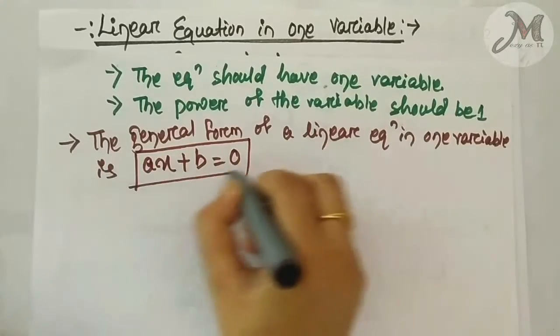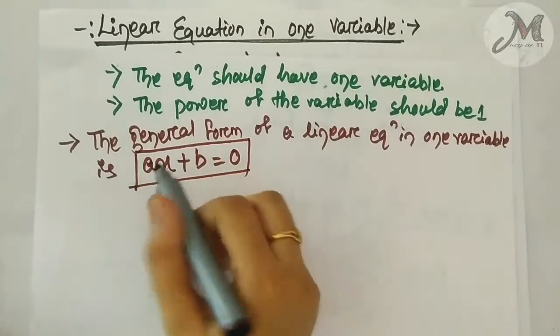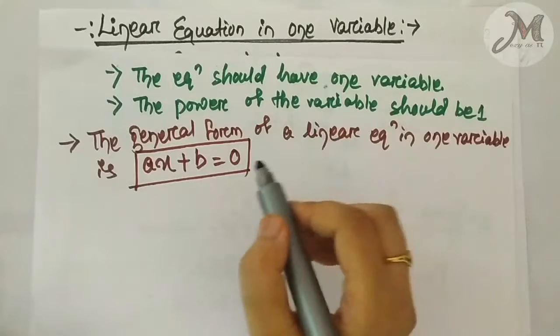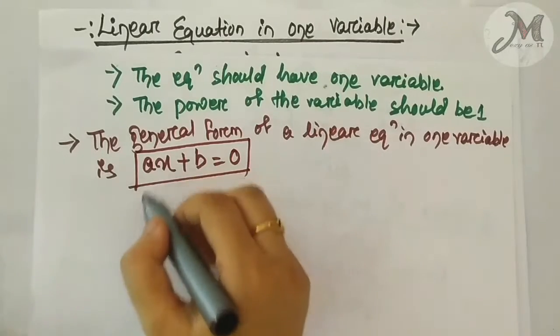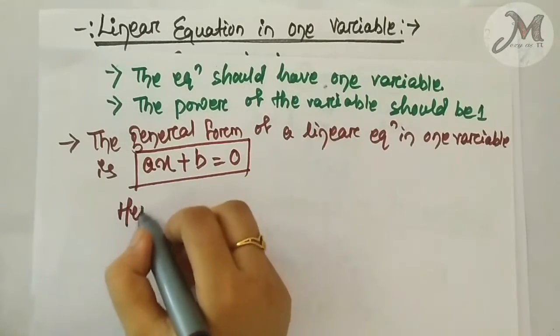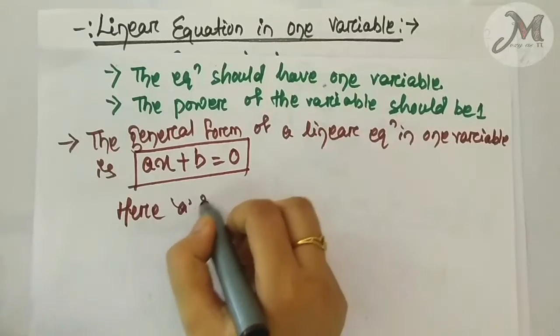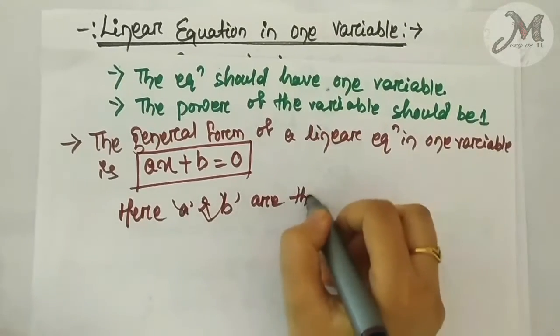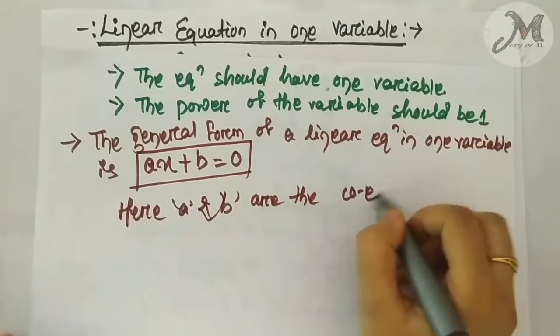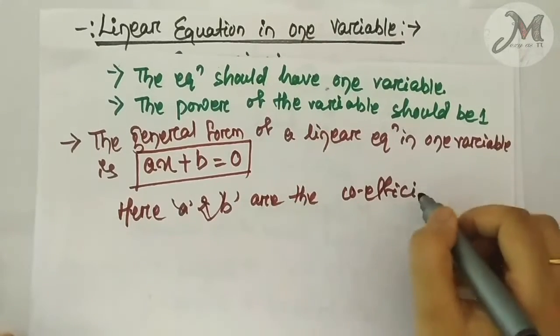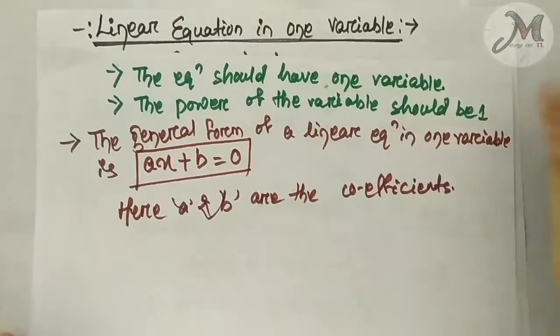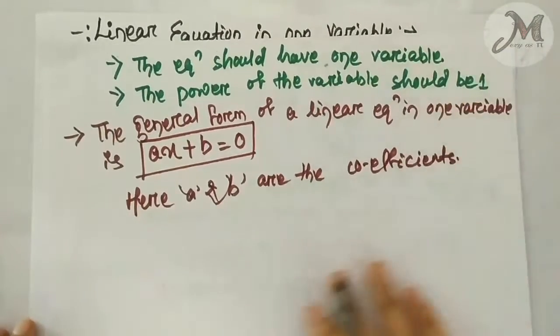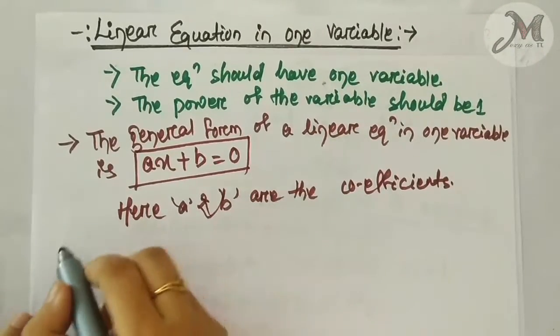So this is the general form. Here a and b are the coefficients, not variables. Okay, here a and b are the coefficients.